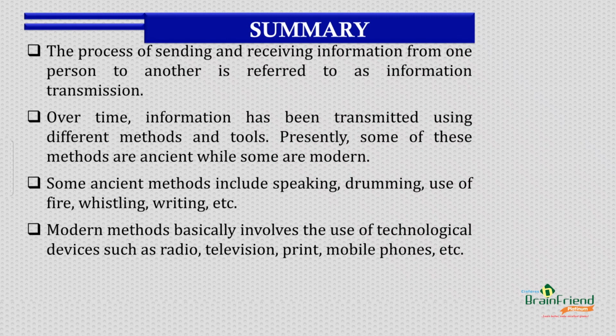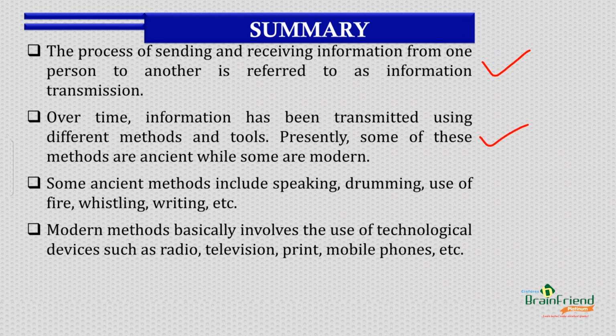First, we learned that the process of sending and receiving information from one person to another is referred to as information transmission. Secondly, we learned that over time, information has been transmitted using different methods and tools. Presently, some of these methods are ancient, while some are modern.